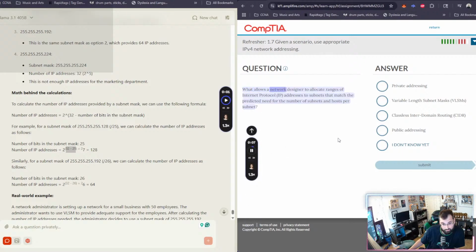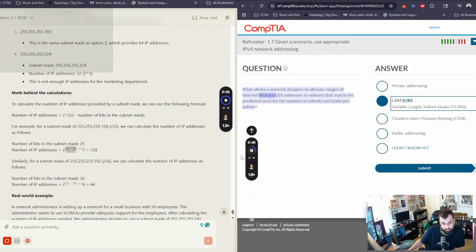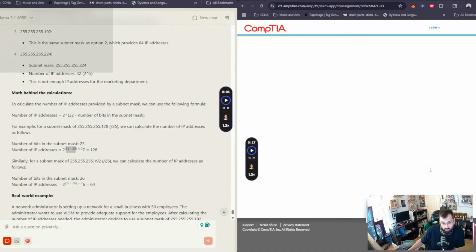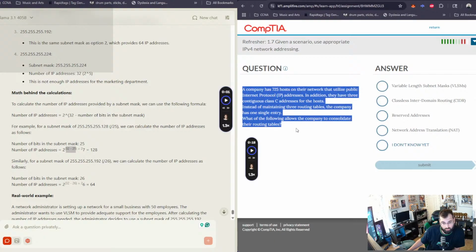What allows a network designer to allocate ranges of Internet Protocol IP addresses to subnets that match the predicted need for the number of subnets and hosts per subnet? It's variable length subnet masks. Oh, I know what this one is. This was 192.24, 25? No. We'll come back to it.